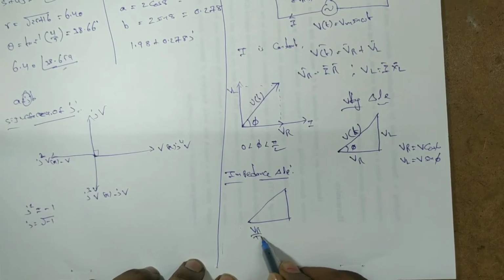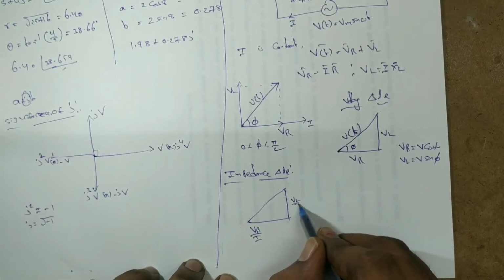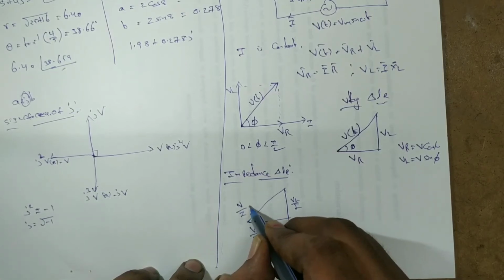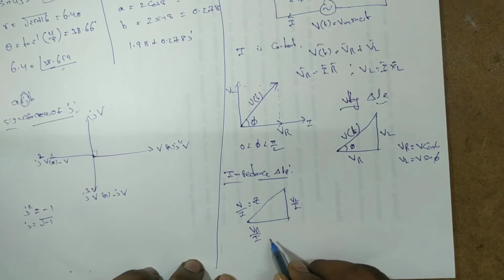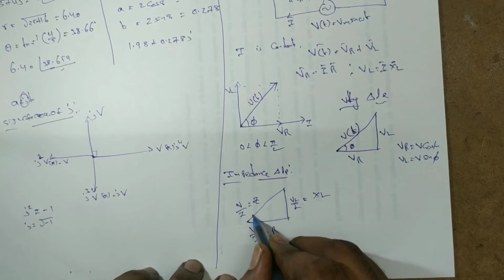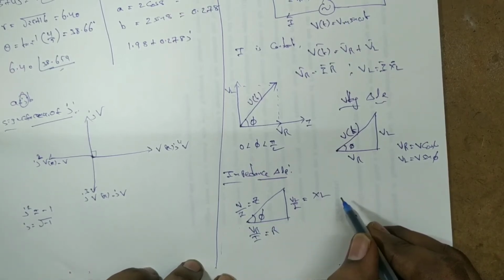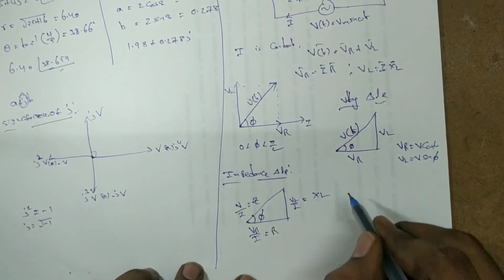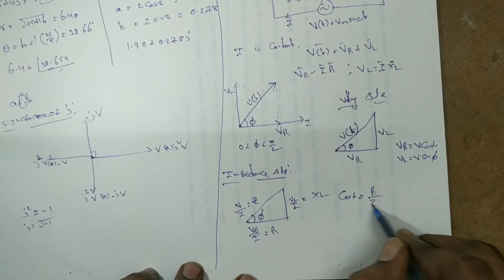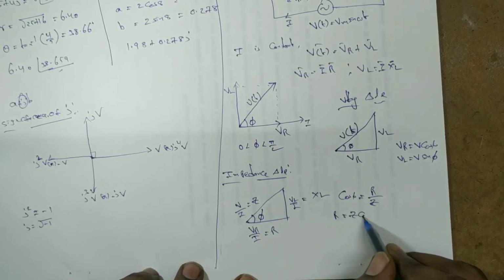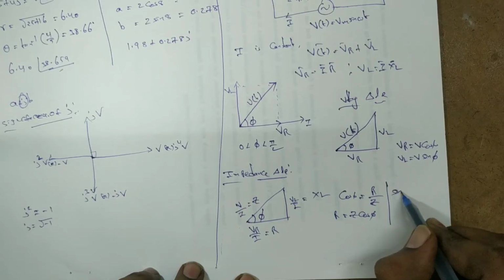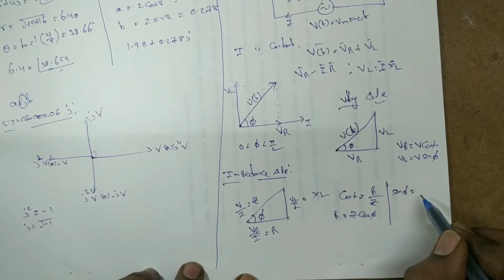So VR by I, VL by I and V by I. VR by I means nothing but R, V by I means nothing but Z, and VL by I means XL, with phase angle phi. So it is the same triangle with each side divided by I. From this triangle cos phi will be equal to R by Z, and R equal to Z cos phi, and similarly sin phi equal to XL by Z, and XL value equal to Z sin phi.